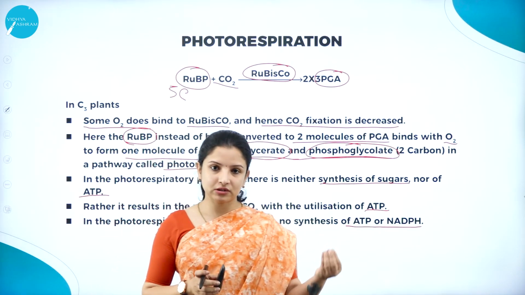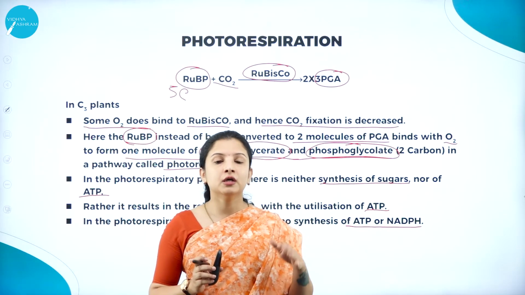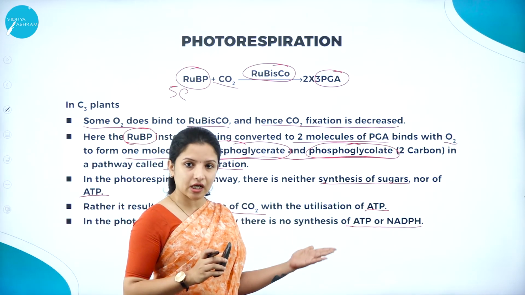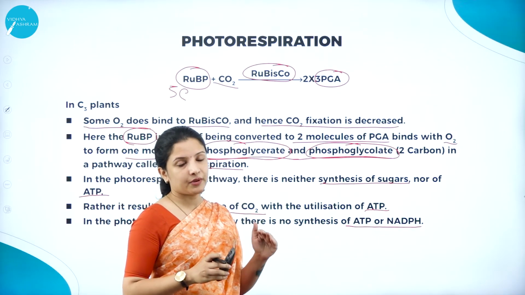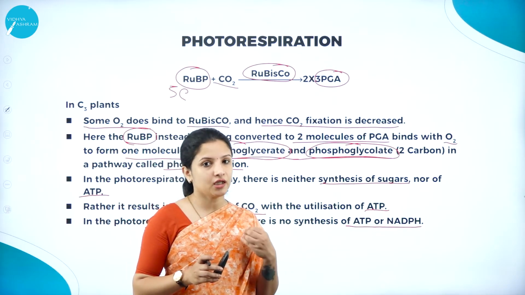Whatever ATP was available will be made use of and that carbon dioxide will get eliminated, that is, decarboxylation will occur, but no new synthesis of ATP or NADPH will occur, nor will they synthesize any glucose.